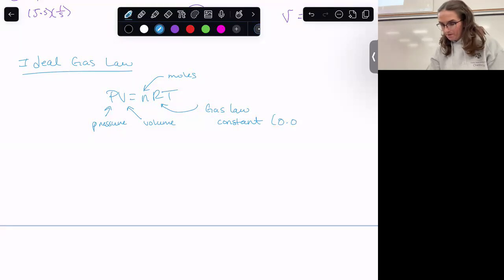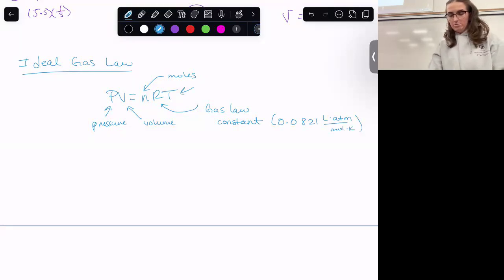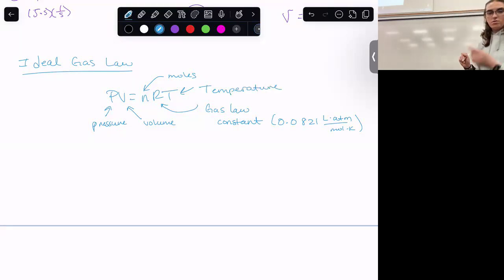And then T is temperature. This is for one state condition of your gas to remember, right?